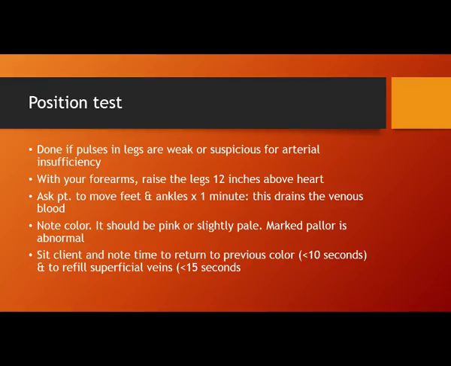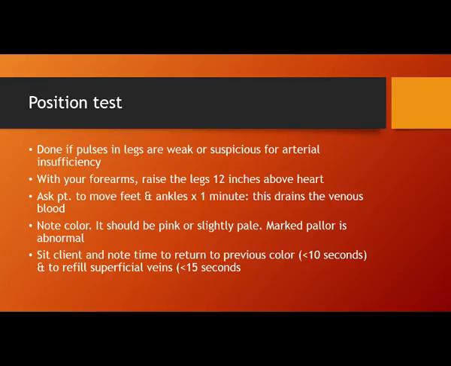You're going to take your two forearms, supporting the ankles with one and the knees with the other, and raise the legs 12 inches above the heart and keep them there for a minute or so, asking the patient to move their feet and ankles. After a minute, the venous blood will be drained, and you'll look at the color.